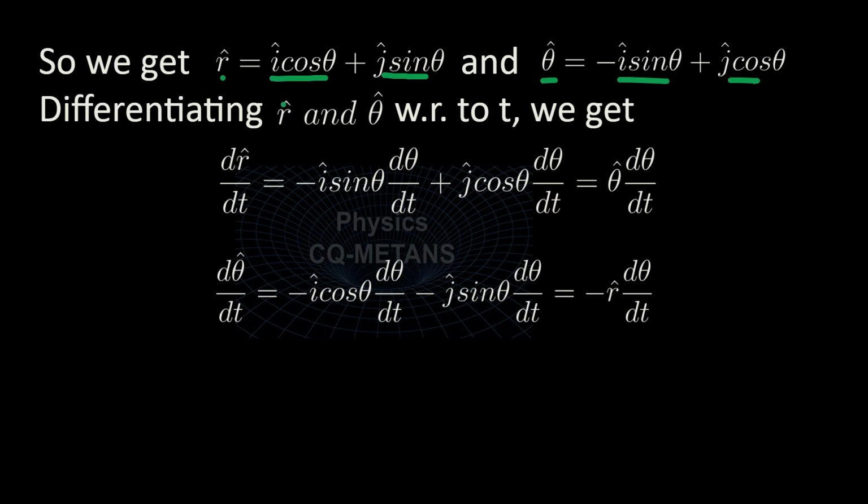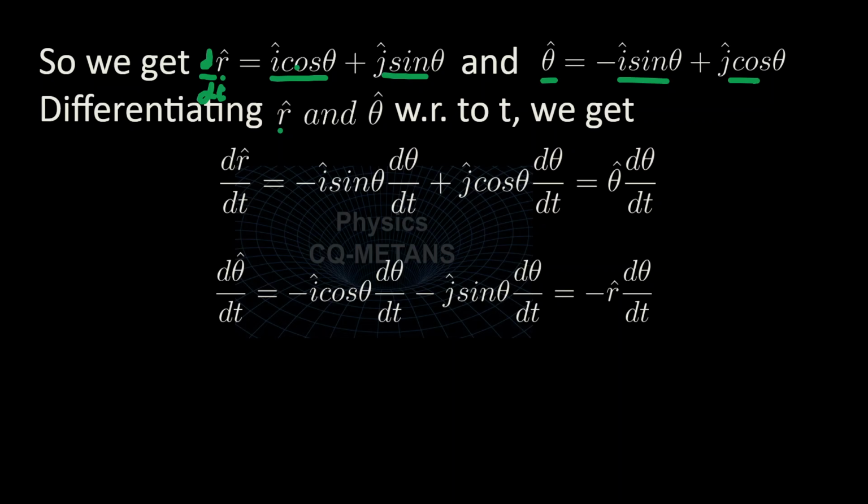So dr cap by dt. Now if we notice, we have transformed our coordinates into the i and j basis vectors. So now differentiating r cap, I cap is fixed, so I don't have to bother about it. I don't have to differentiate it.